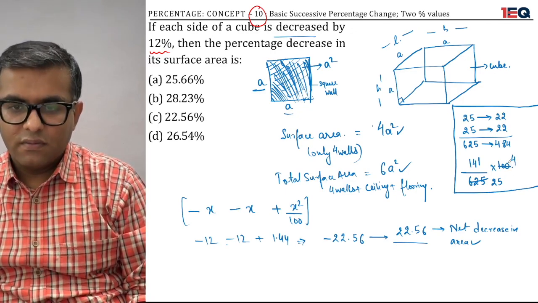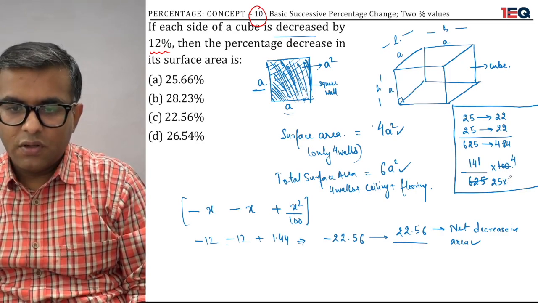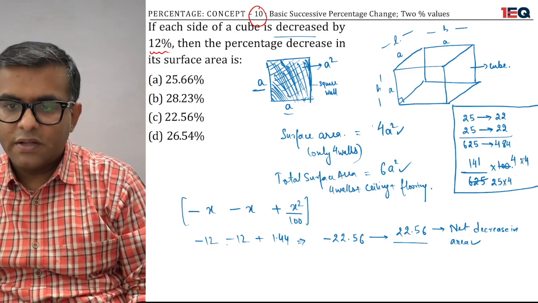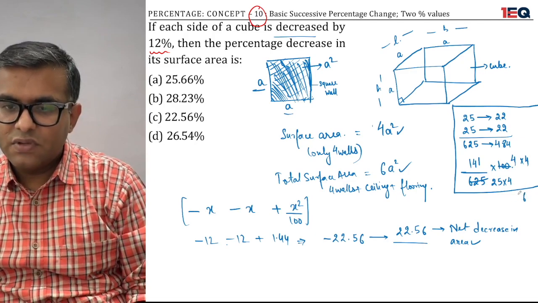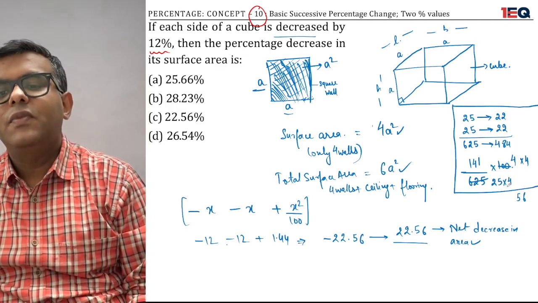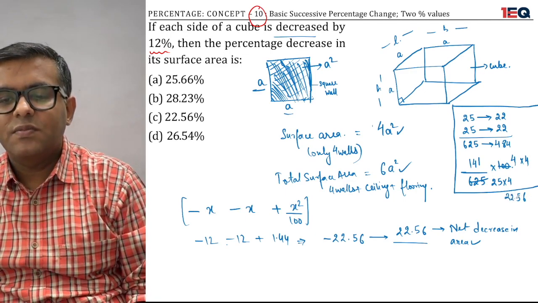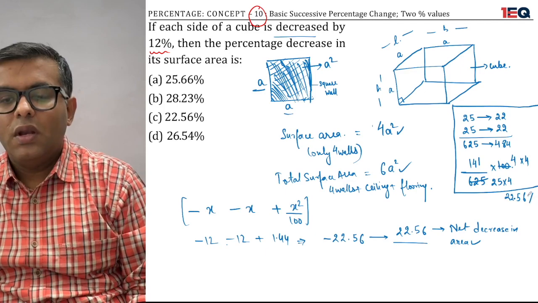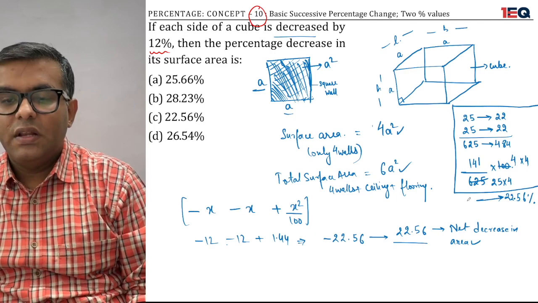I need to give the answer in percentages, so I would multiply another 4 here and another 4 here, because I need 100 in the denominator. 4 times 4 is 16. 16 ones are 16. 16 fours are 64. 22.56 percentage is the final answer.